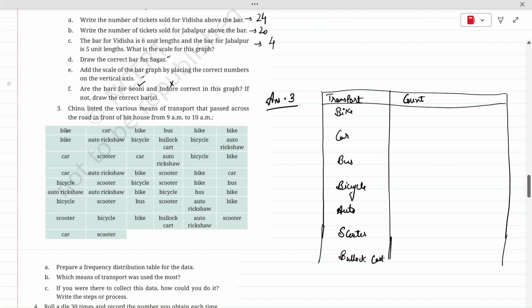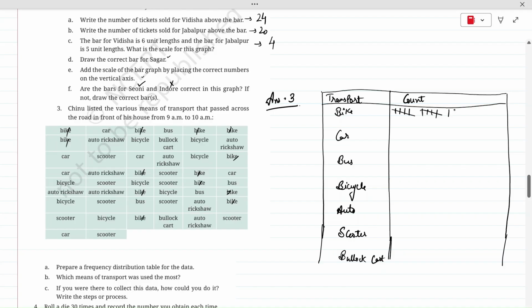Now let's see how many bikes there are. 1, 2, 3, 4, 5, 6, 7, 8, 9, 10, 11, 12, 13.